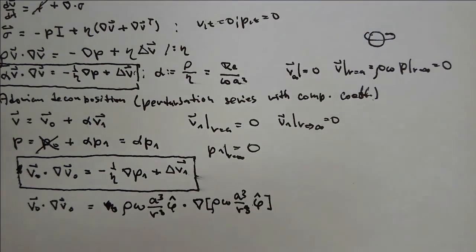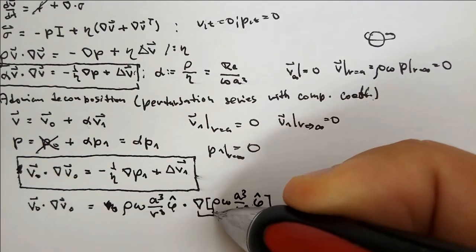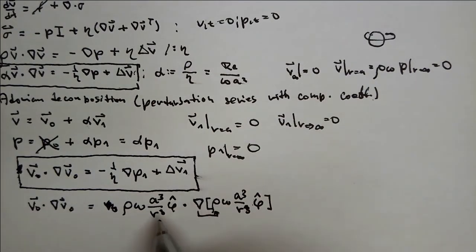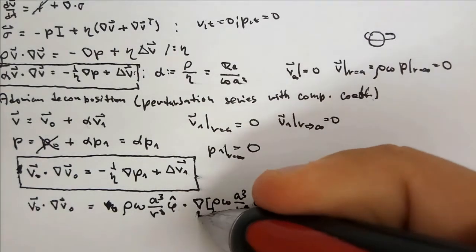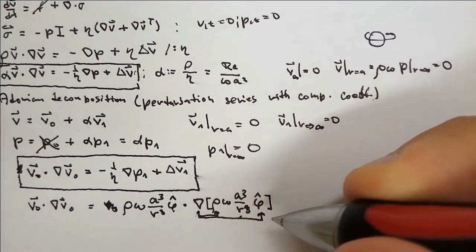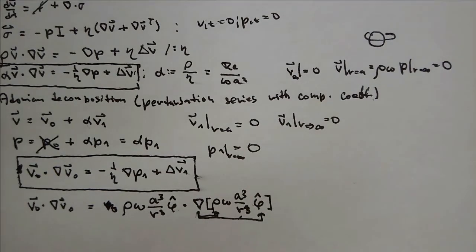And again, as you notice, many terms will vanish, because when nabla is acting on rho there should be a rho hat, but rho hat vanishes with this, because these are perpendicular vectors. Again, when nabla acts on this, the r hat will pop out, so it's again 0, so nabla has to apply only on this, and only this.